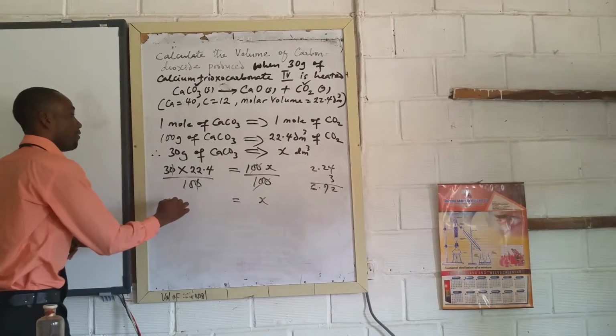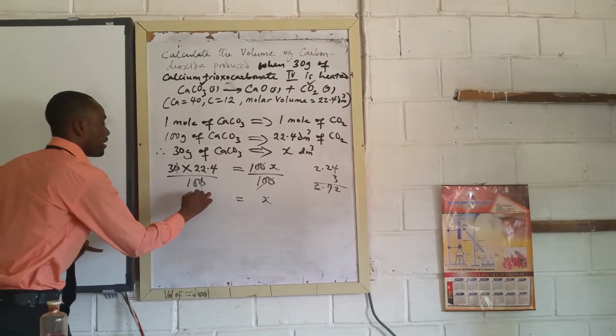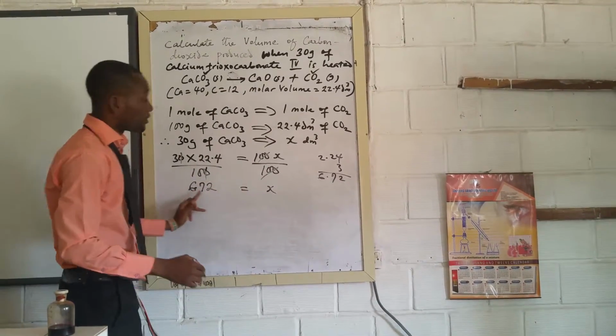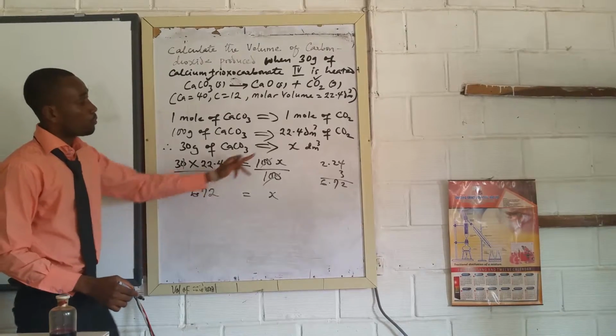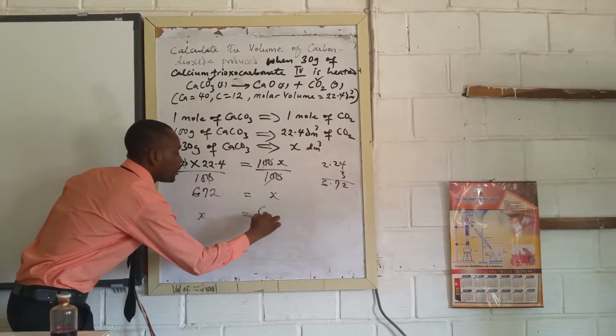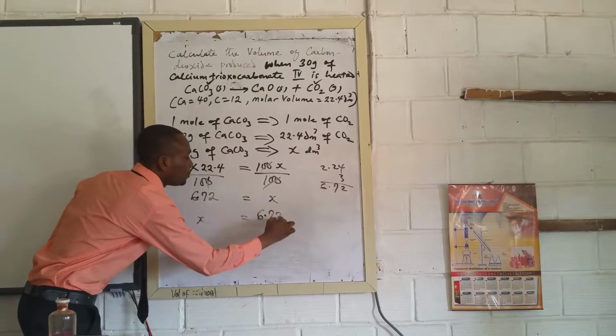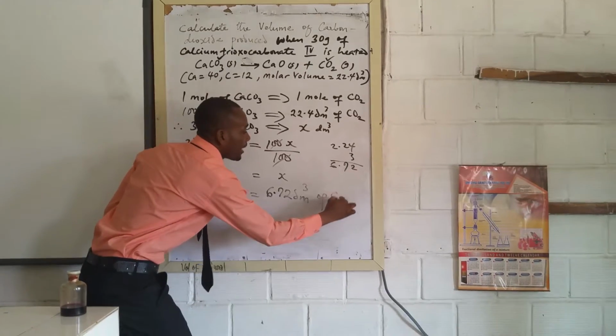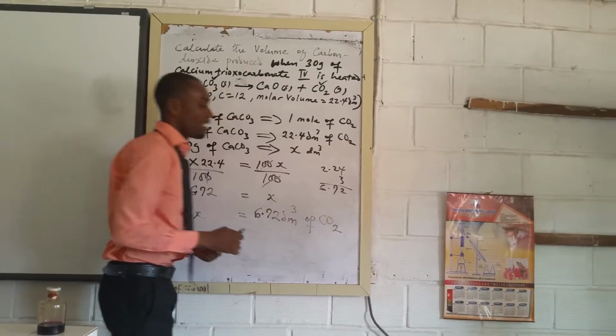So we have 6.72. Our x is 6.72 dm³. So therefore x is equal to 6.72 dm³ of carbon dioxide gas.